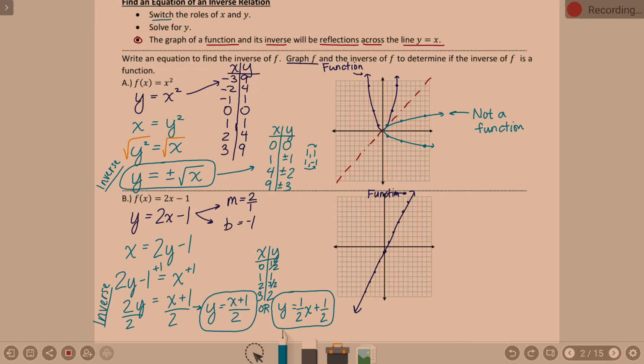Okay. So if we do that, I have 0, 1/2, which is down here. 1, 1. Over 1 up 1. 2, 3 halves is going to be over 2 up 1.5. And 3, 2.